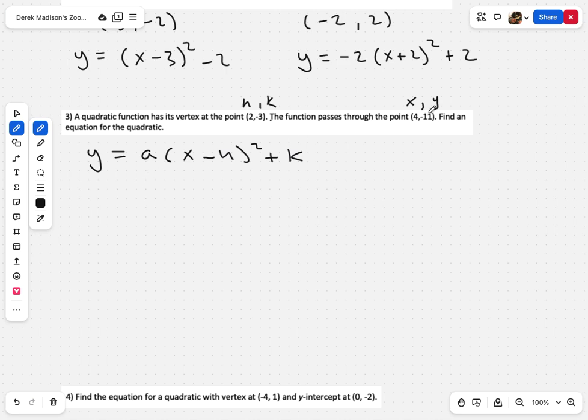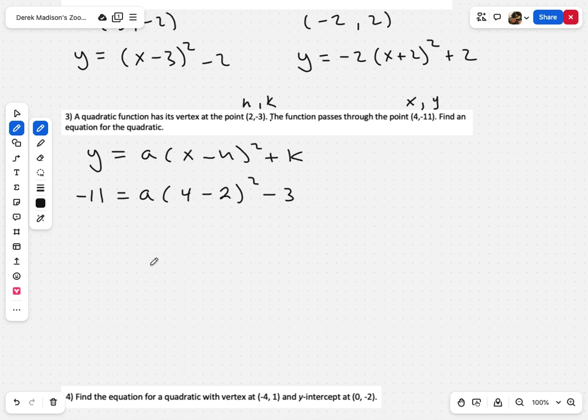This isn't saying that x is always 4 and y is always negative 11. It's just that this point satisfies the equation I'm trying to build. So we can use it for x and y. So y is negative 11. a is what we're trying to work out. x is 4. h is 2, so (4 minus 2) squared, plus k is actually a negative, so minus 3.